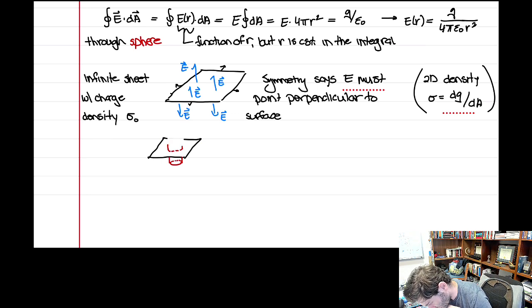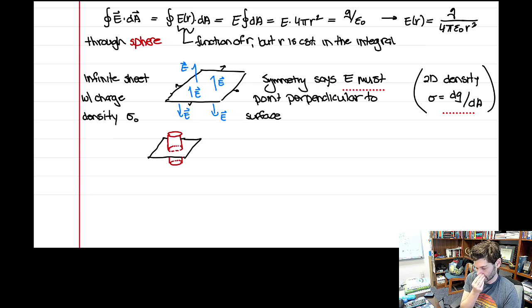Here, let me actually draw it a little bigger. There's the top, and there's where it intersects the sheet. And let's let it be symmetric too.